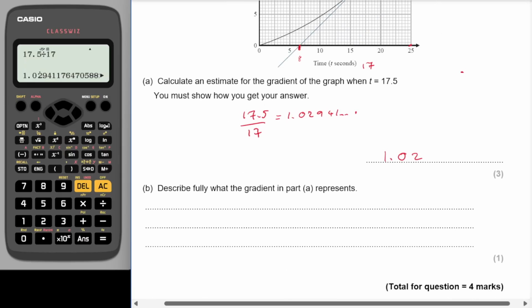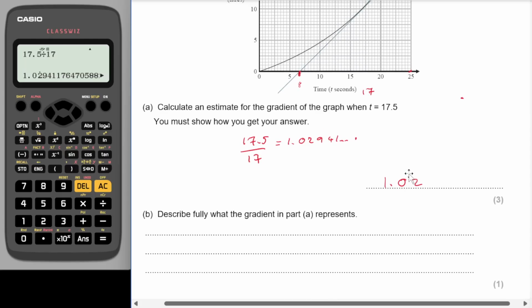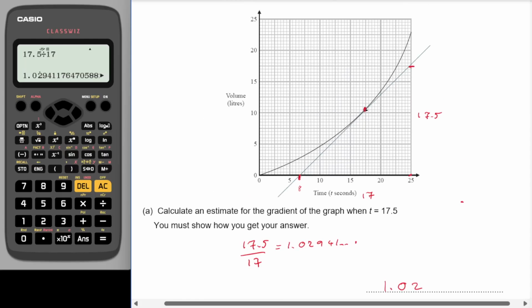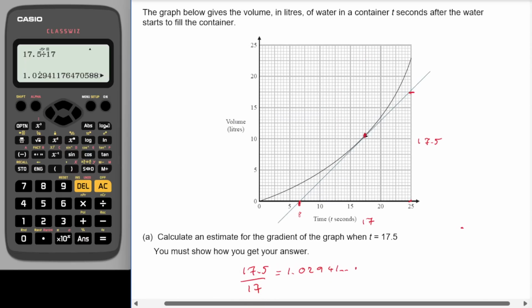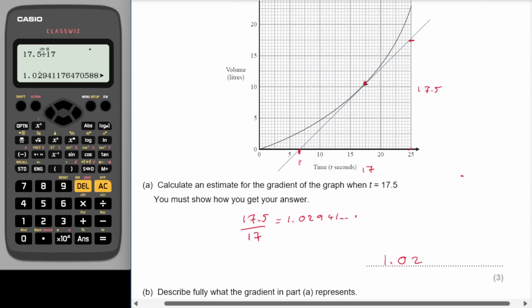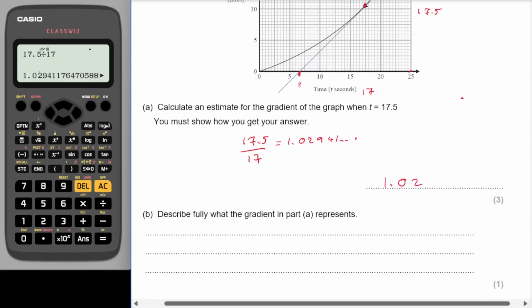Describe fully what the gradient in part A represents. So it is the rate at which the volume increases. Let's just clarify. Volume of water in container. So it's the amount of litres. So it is the rate at which the volume increases.